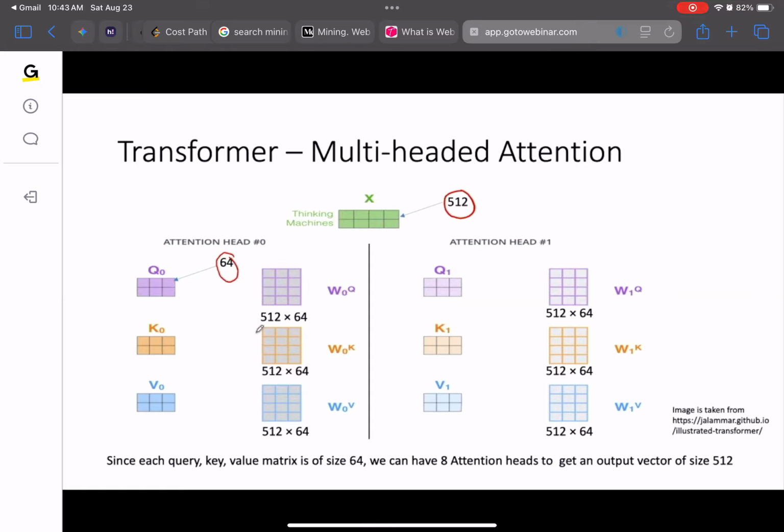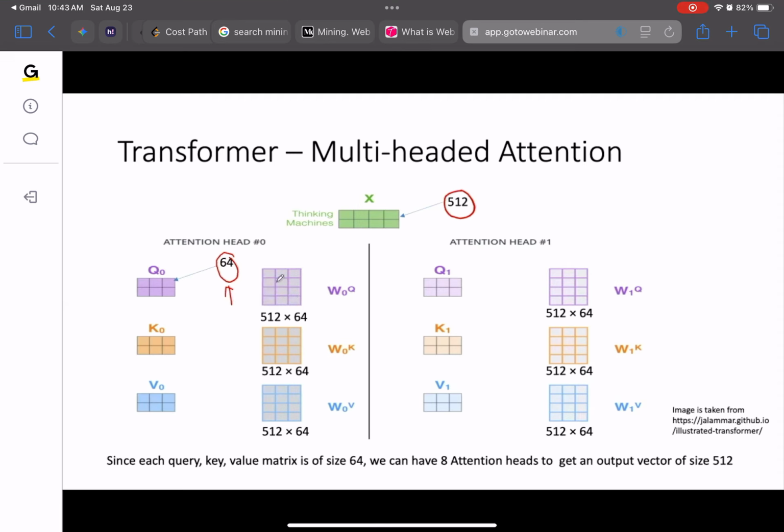Since we have reduced the dimensions, when we combine the value vectors and generate a contextual representation for each word, it will be of dimension 64.